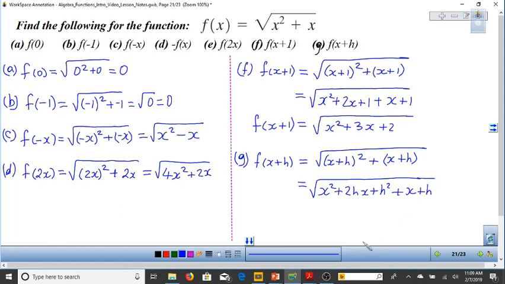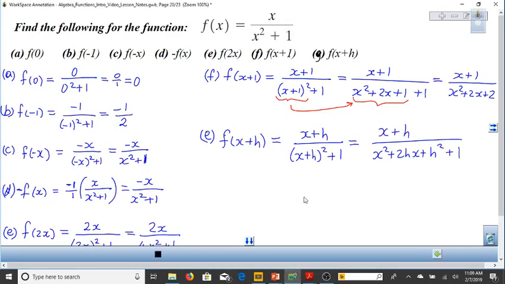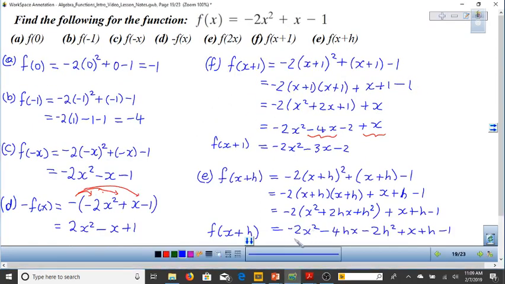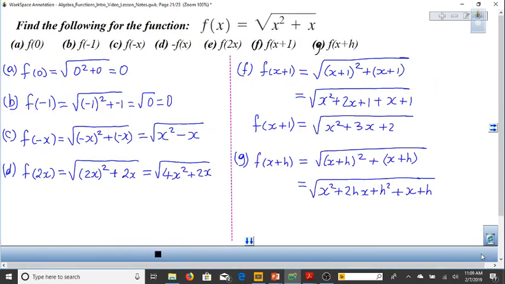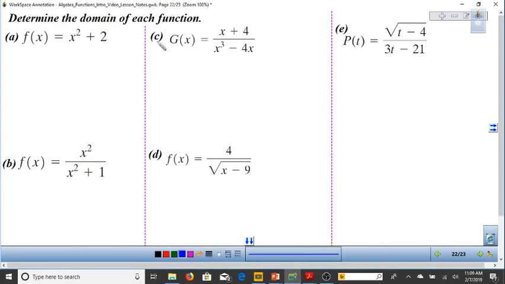We cannot simplify that anymore. So we see a number of examples here where we have values of functions being found, and we just evaluate the functions by replacing all the x's with their corresponding requested input.